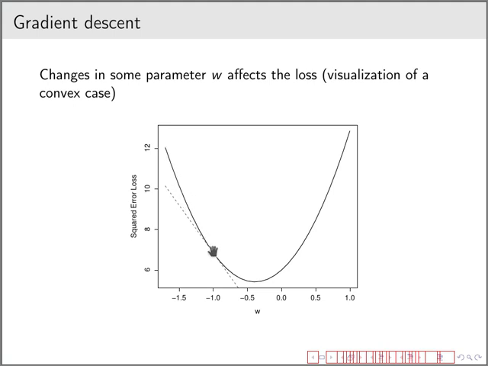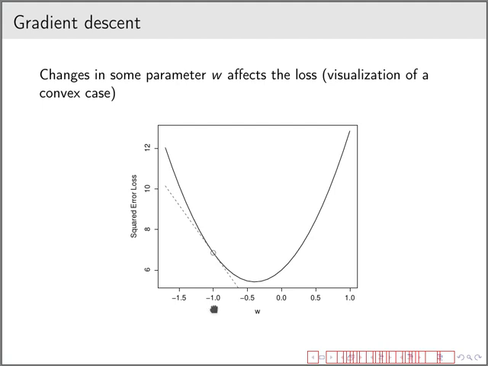So this is the squared error loss. This is a convex function, a very well-behaved scenario. But in fact, when I'm computing the loss, I don't know this shape. I just know one point because I can compute just one point at a time.